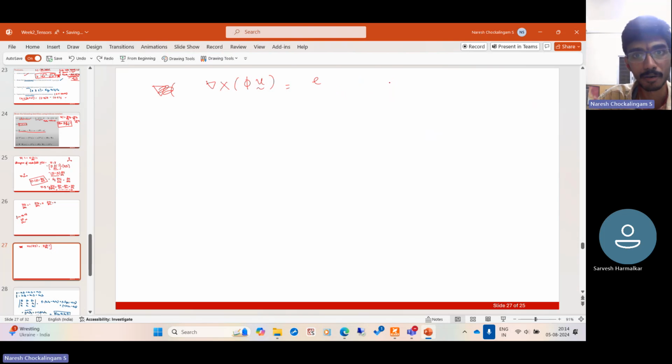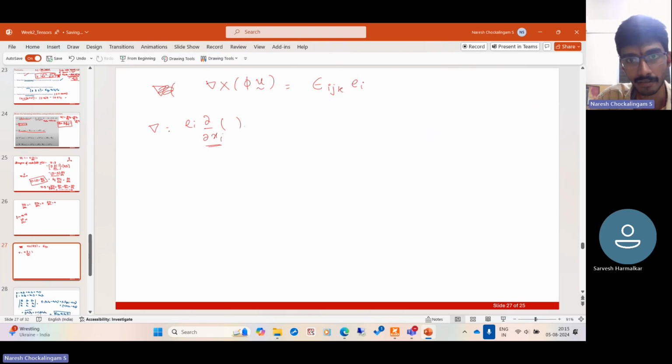So grad operator is e_i dou by dou x_i in Cartesian coordinates. But this cross product, you can write it as epsilon ijk. What is the component? So the first vector is grad. Its jth component is what? It is dou by dou x_j, right? So ith component is dou by dou x_i.